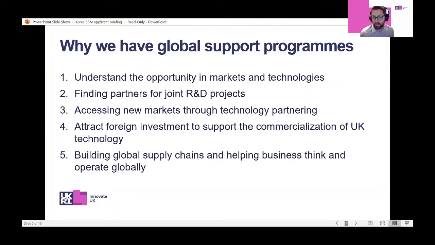Our global support programs help businesses to find partners for joint R&D projects. It helps them to access new markets through technology partnering. Coming the other way, it also helps to attract foreign investment to support the commercialization of UK technology. And it also helps to build global supply chains and help businesses to think and operate globally.